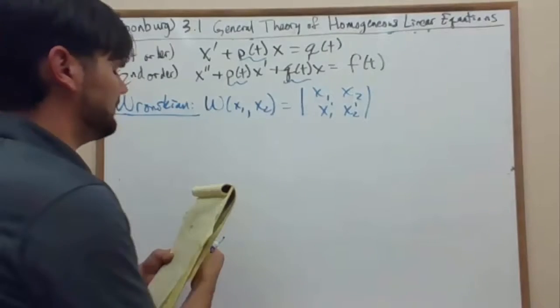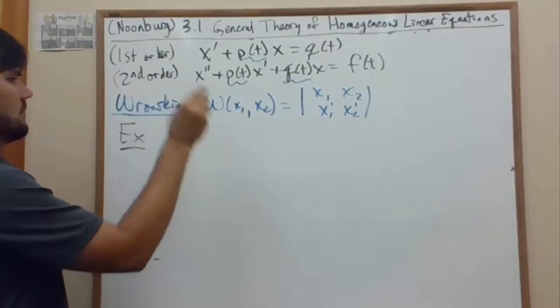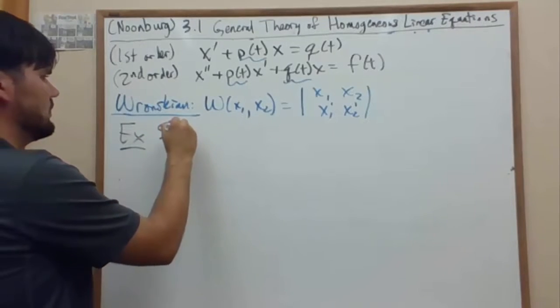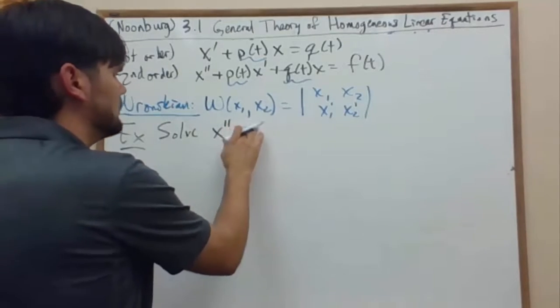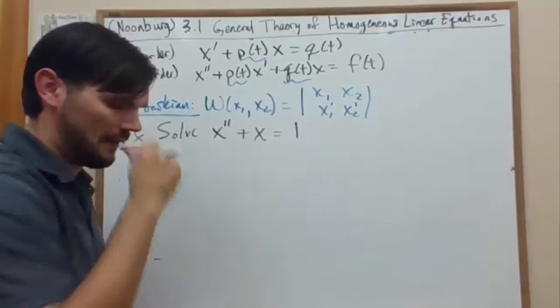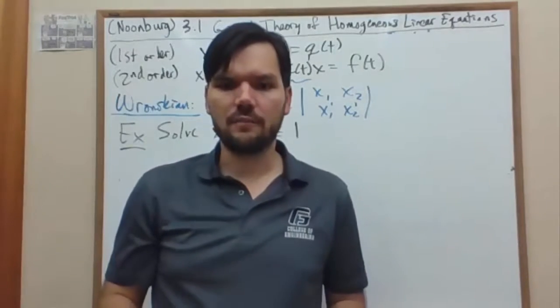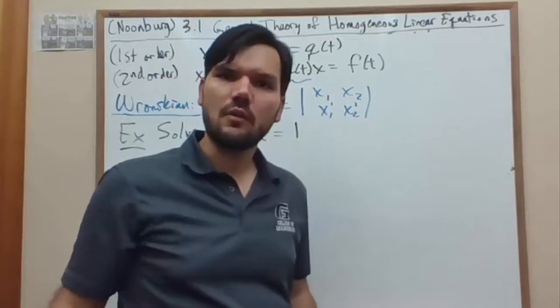Okay, so let's do an example. Solve x double prime plus x equals 1. Now, this problem is non-homogeneous because it has that 1 over there.